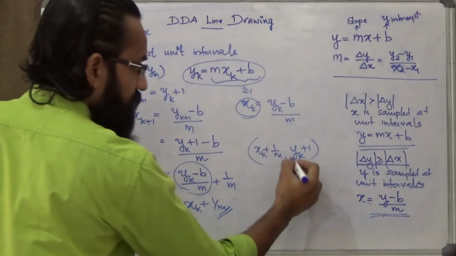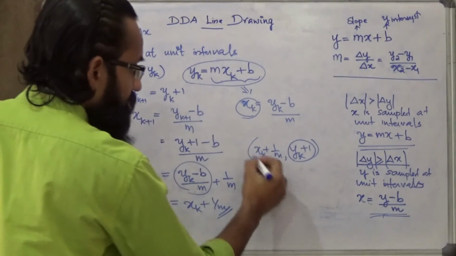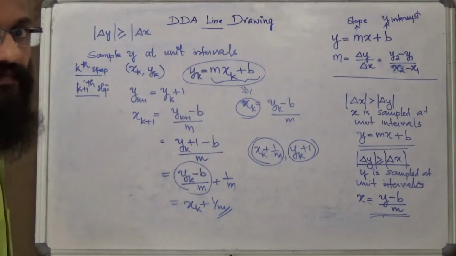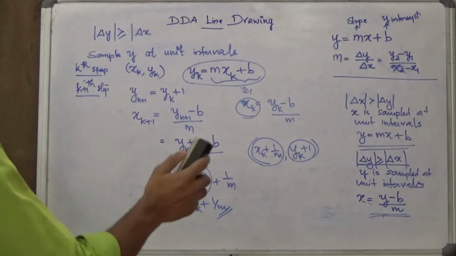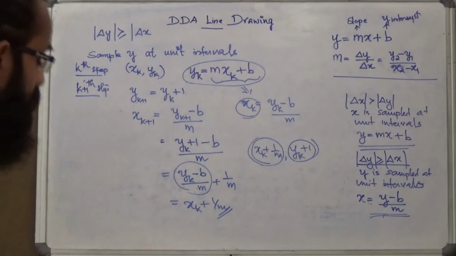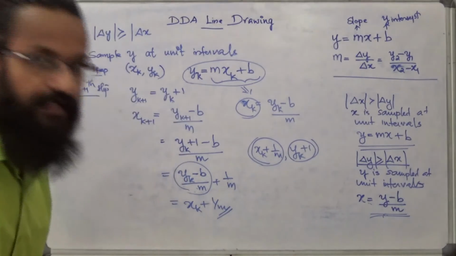That is, y value gets incremented by 1 and we determine the corresponding x value incrementally. So in this way DDA line drawing algorithm works, and this will work properly for lines with negative slope also.